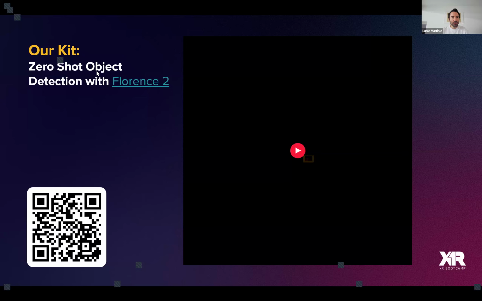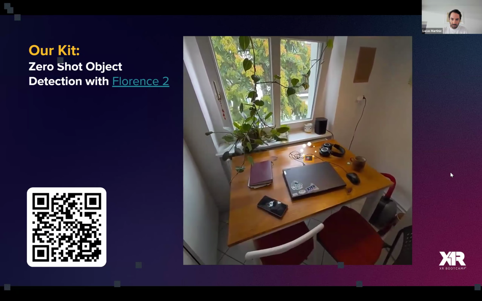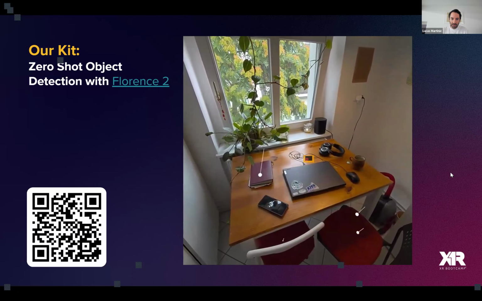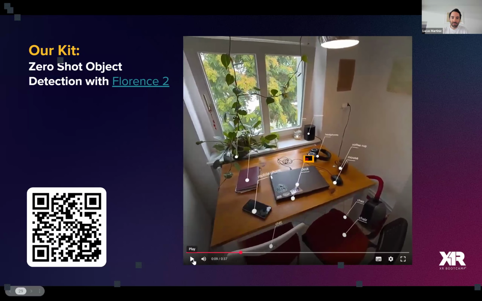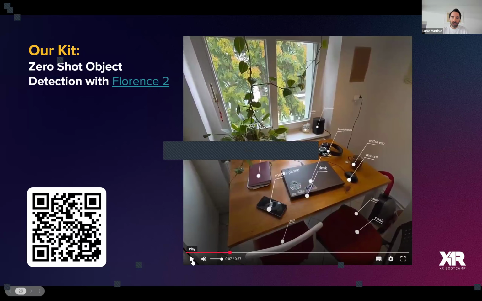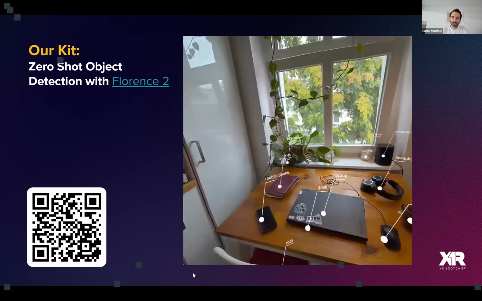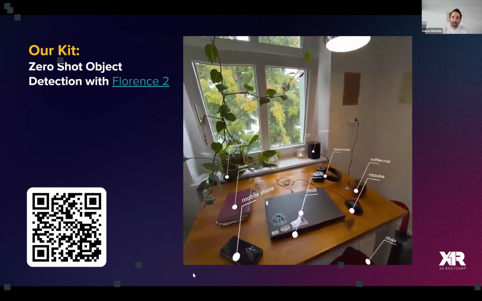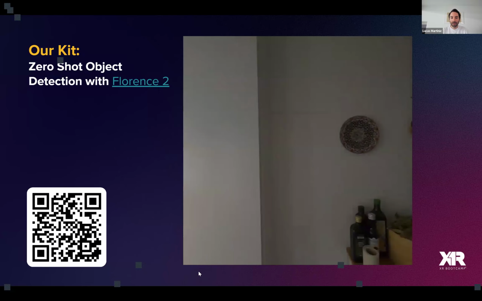That's why we implemented zero shot object detection, where you can take a snapshot of a scene, and then AI can understand and give you bounding boxes or positions of objects that you can then position in the 3D space.